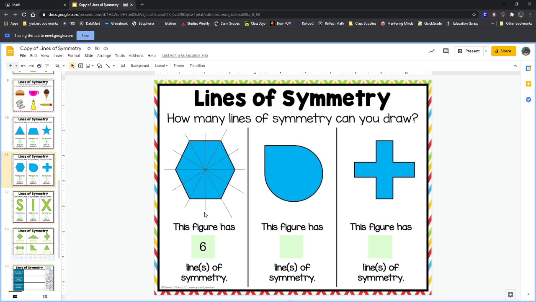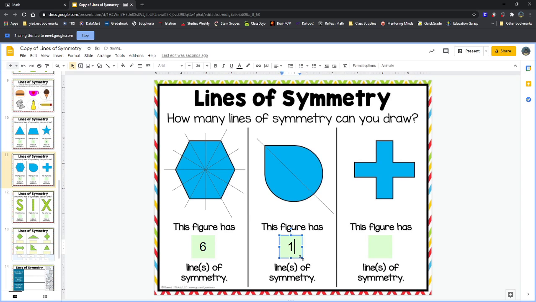This middle one here is kind of tricky. The one in the middle has 1 line of symmetry. That's it. The one in the middle only has 1.